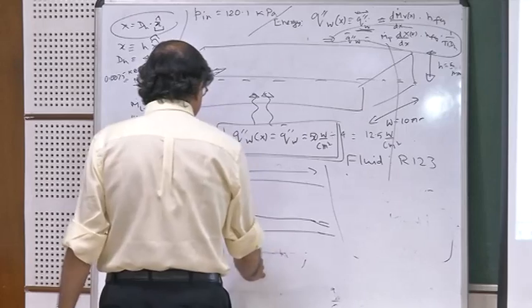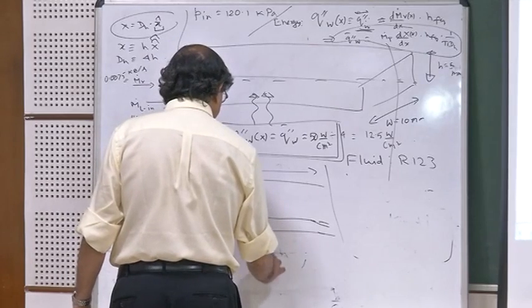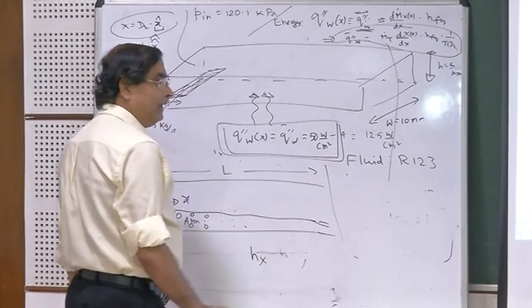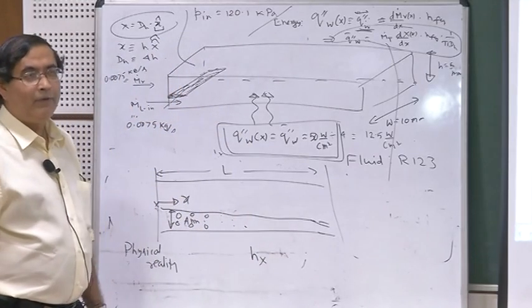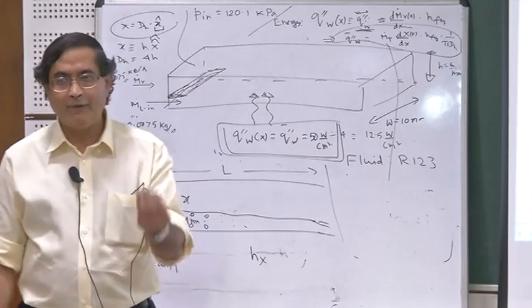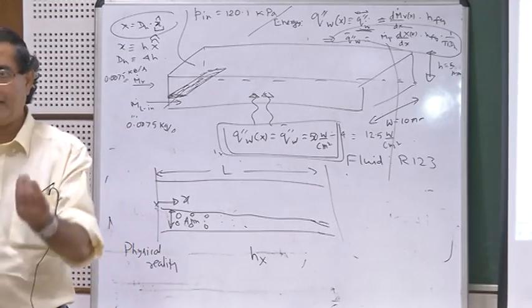Now Hx, obviously Hx at every location has a component of nucleate boiling and convective boiling. What do we mean by convective boiling? That's my question. Nucleate boiling, everyone understands, are bubbles coming and getting out.